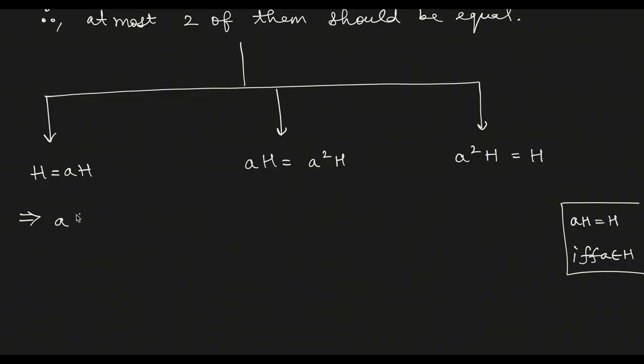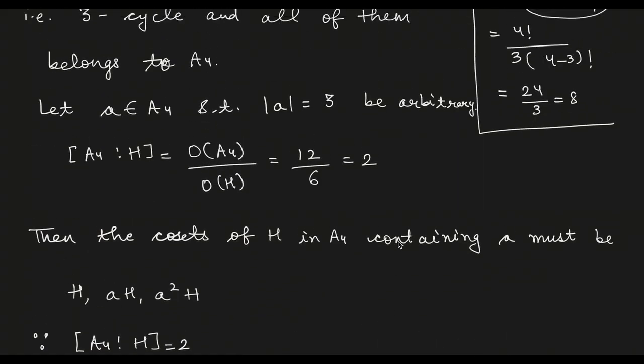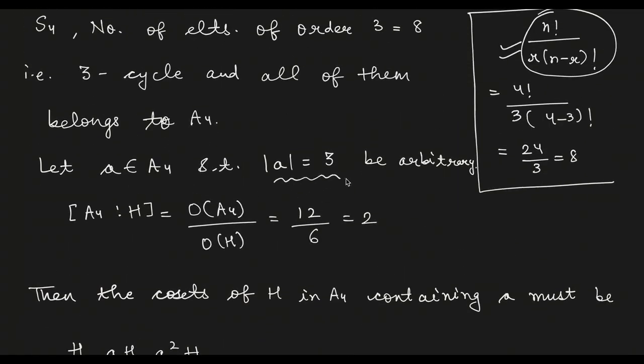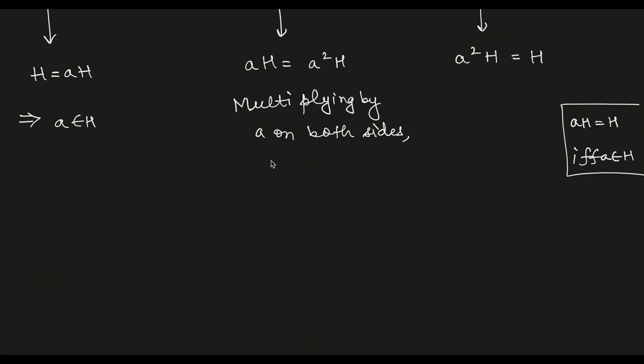So this means that a belongs to H. Now here I can multiply by a on both sides. The reason is that I have picked this a as an element of order 3, and the definition of order says that a to the power 3 is equal to the identity. So a squared H is equal to a cubed H. a cubed is the identity, so this is H. So a squared H is equal to H.